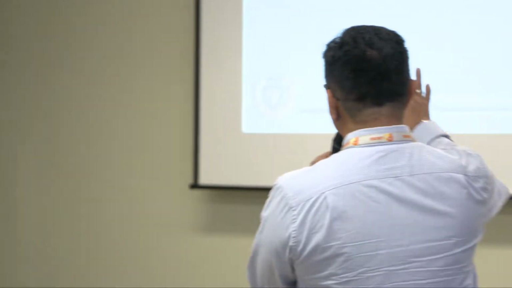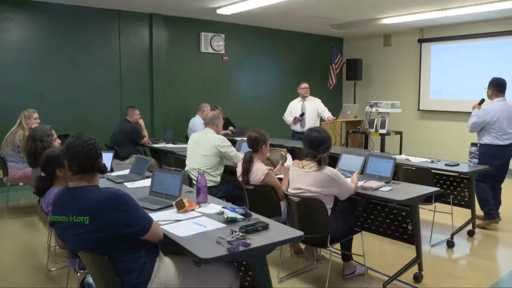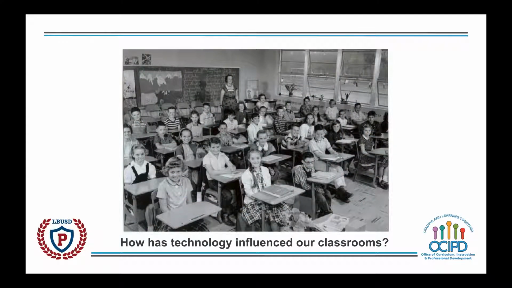And so as we shift, here's another question, and it's kind of a visual: how has technology influenced our classrooms? You're going to see a series of pictures from different eras. This first picture is a classroom from the 1950s.